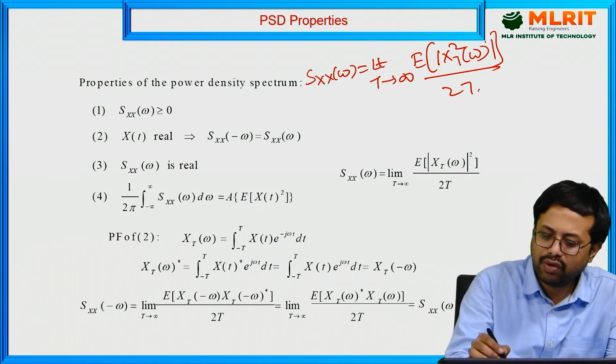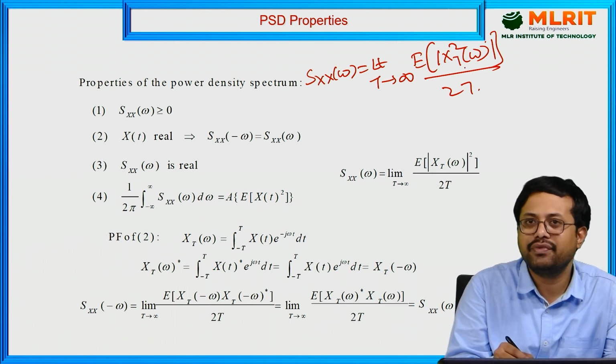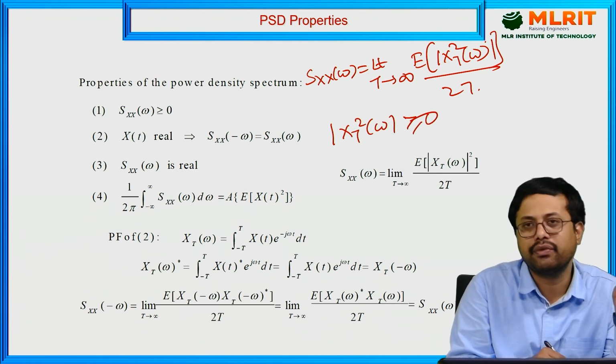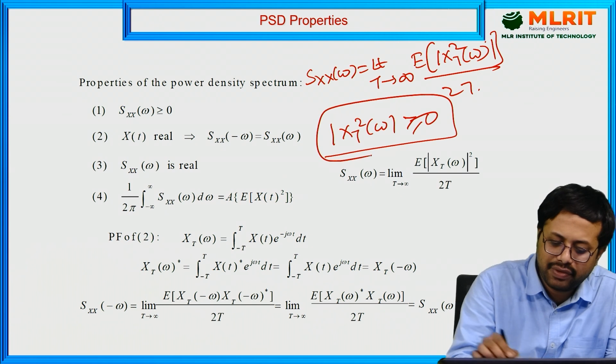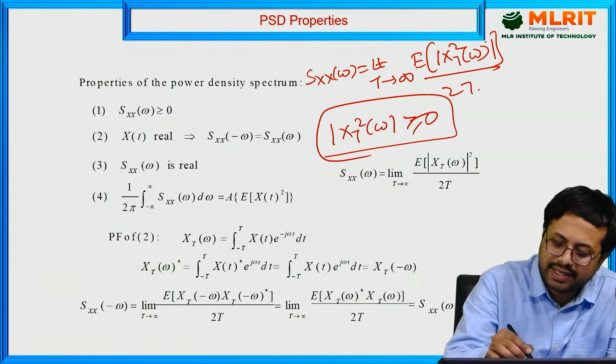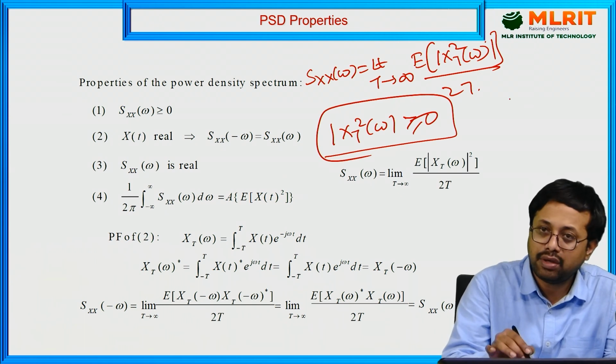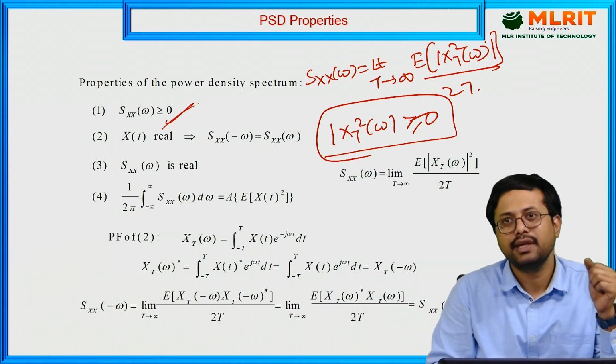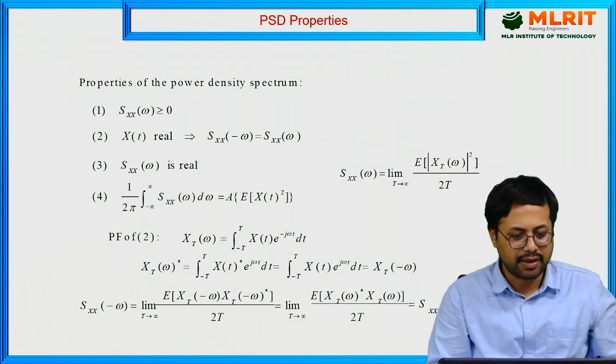The mean square value, mod of X_T of omega whole square, is always non-negative. When the mean square value is always non-negative, then the definition is also non-negative. Therefore, the power spectral density we get is always a non-negative value.